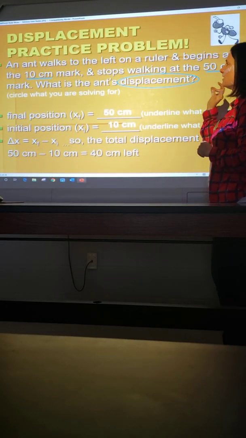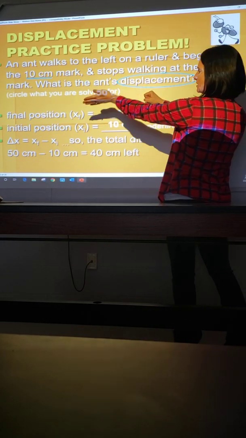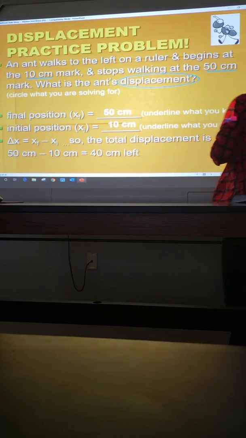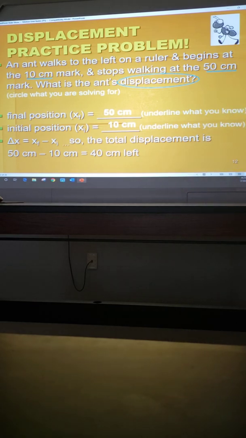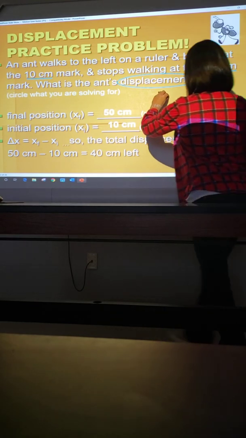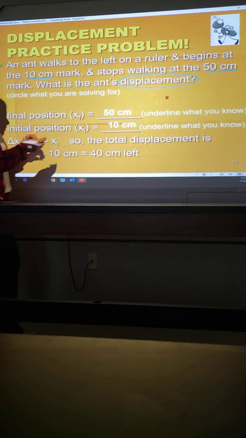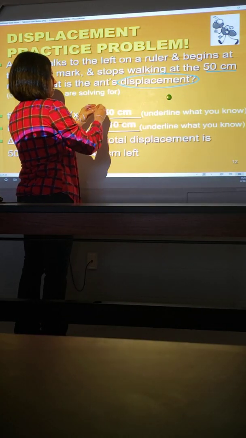So if the ant is here on the ruler and he walks to the left, the ant started here, right? Let's do this. Started here, went this direction.